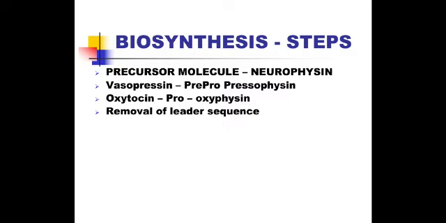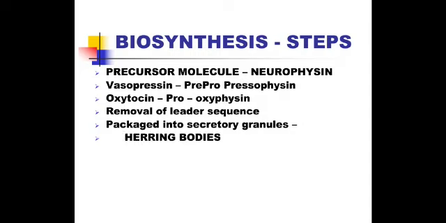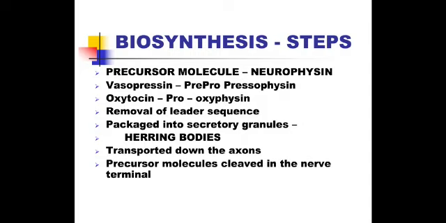Here the leader sequence is cleaved, resulting in the formation of the main ADH and oxytocin, which are packaged in the secretory granules of the terminal axons as Herring bodies. They are transported along the axons by axoplasmic flow. The precursor molecules are cleaved in the nerve terminal and are stored in the nerve endings.